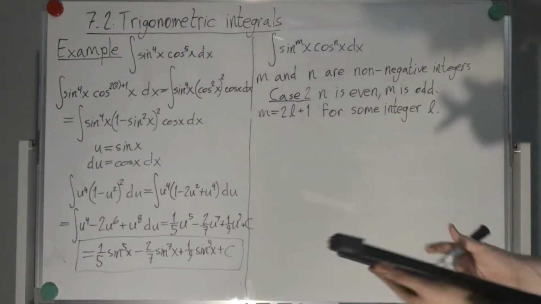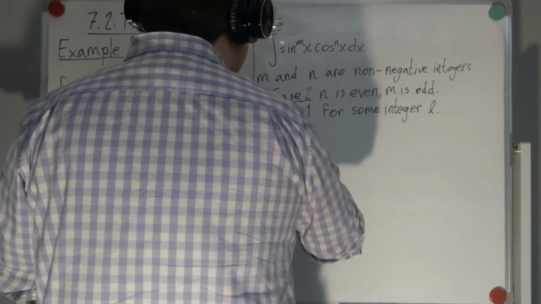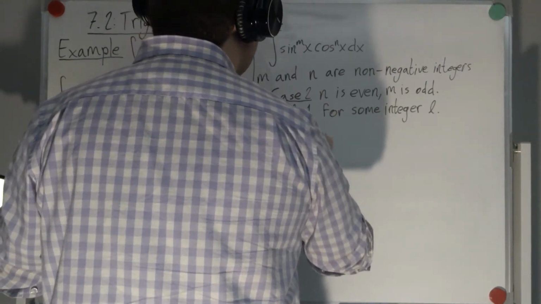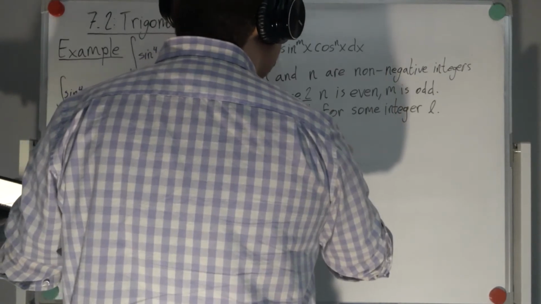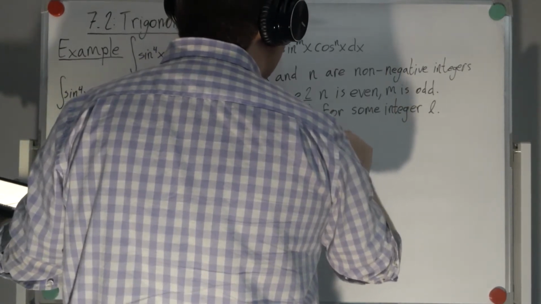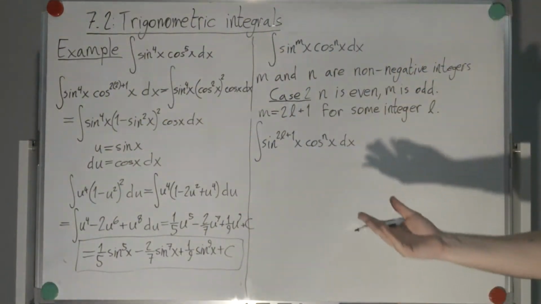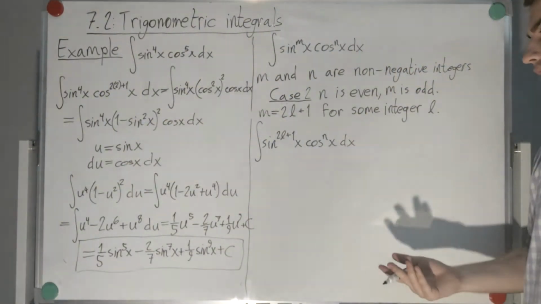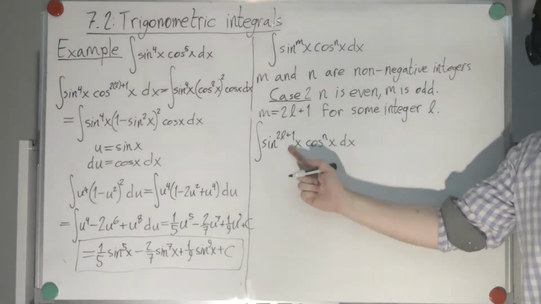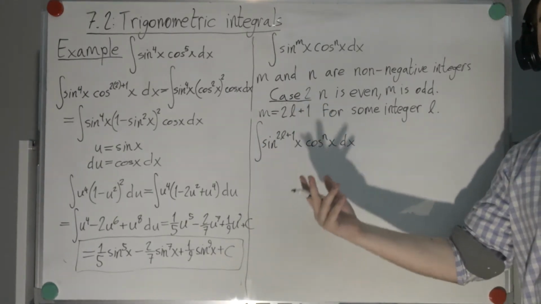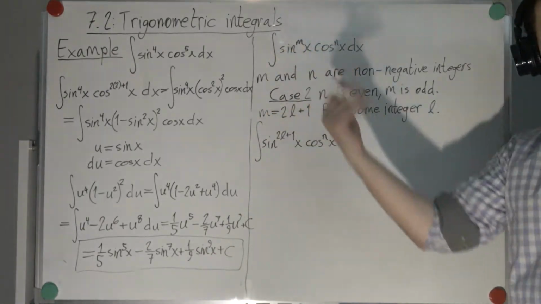In that case, we can play the same game. We can say, all right, this is going to be the integral of sine to the 2l plus 1 of x cosine to the n of x dx. And now I'm going to apply the same sort of strategy. I want to separate out one factor of sine and then write the rest of those factors as sine squared raised to some power.